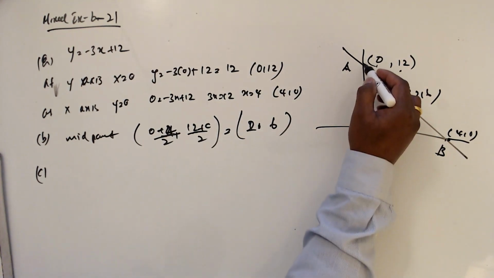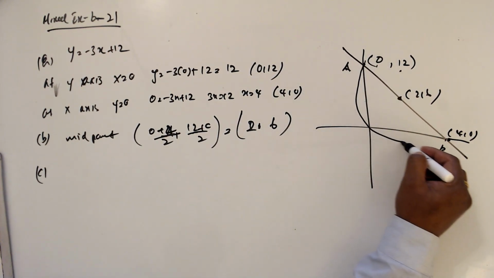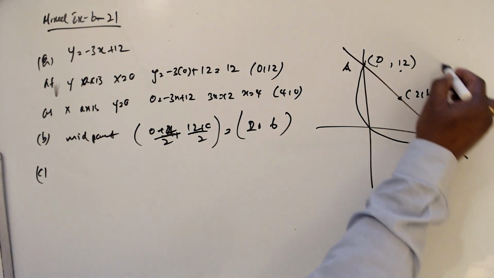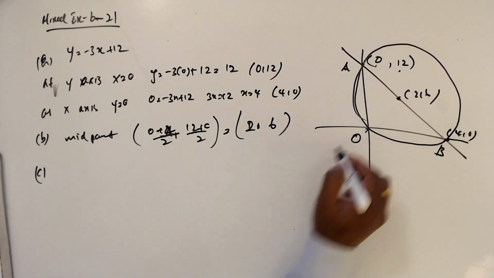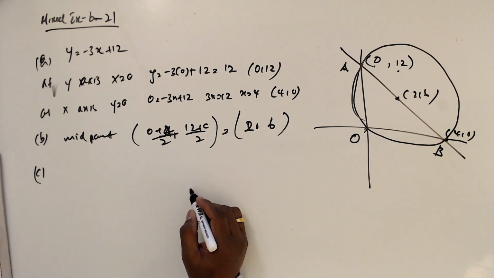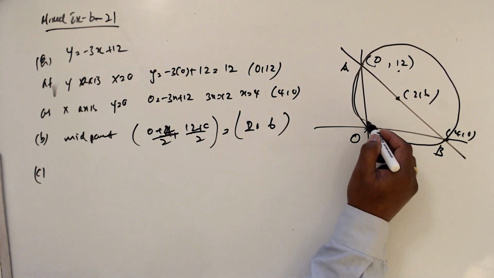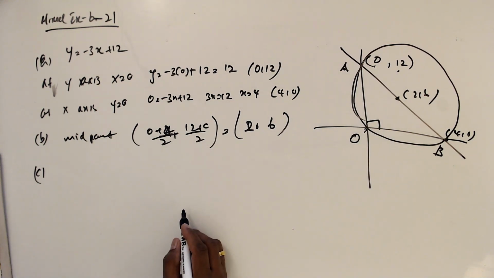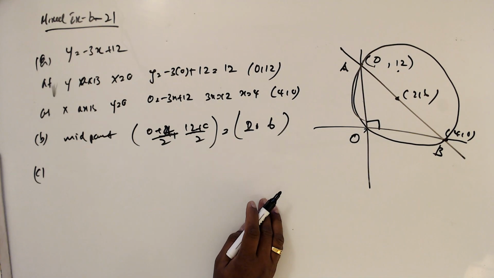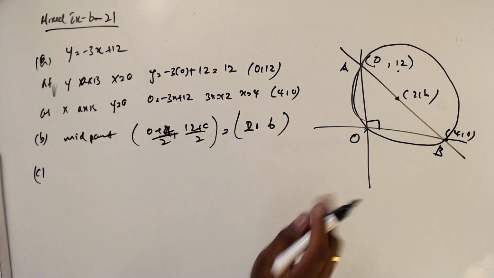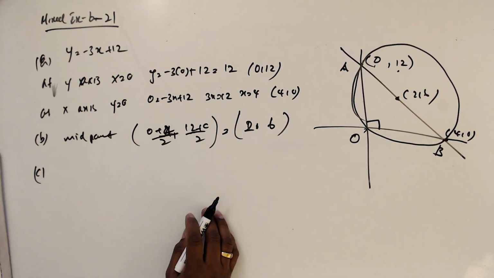Now a circle going through these 3 points. We want to find the equation of the circle. Now we know this is 90 degrees. If this is 90 degrees, what can you tell about this AB from the circle theorem?